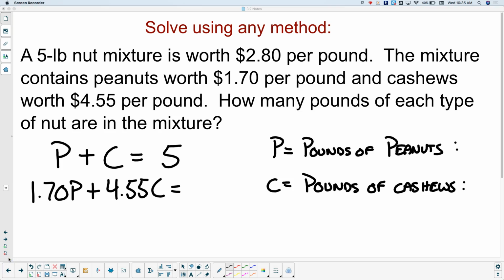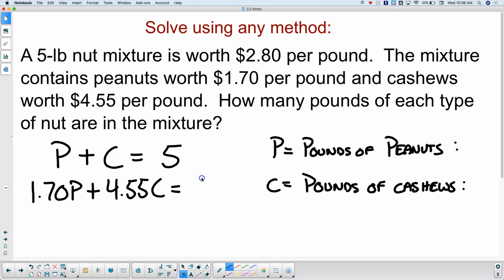So, are we selling the 5? So is the 5-pound mixture $2.80? No. What's it selling at? $14, because it's $2.80 a pound. There's 5 pounds of it, so 2.80 times 5 is 14. So this one here is $14. There. Okay?